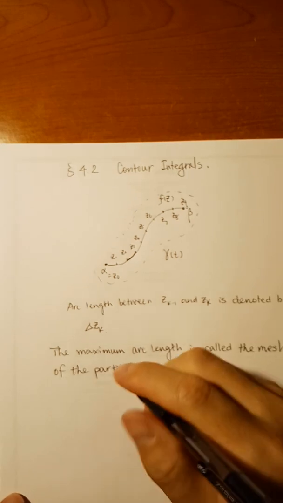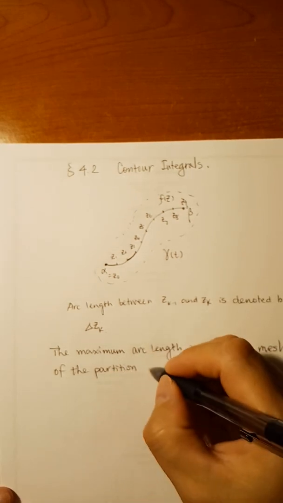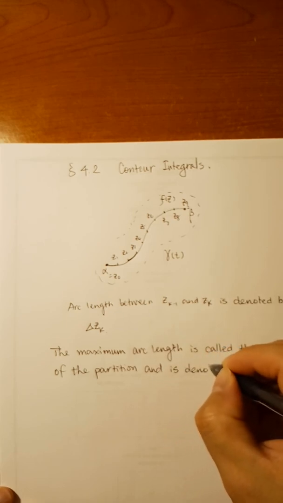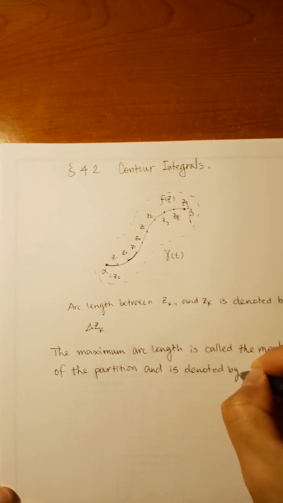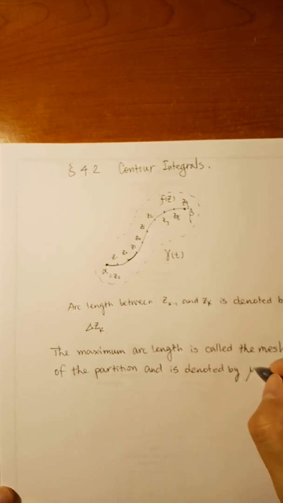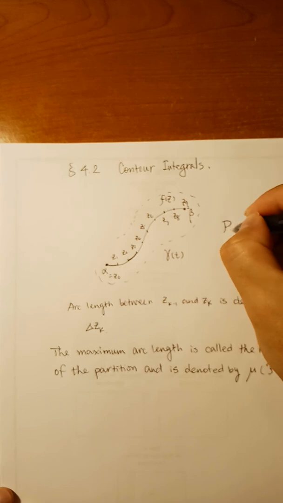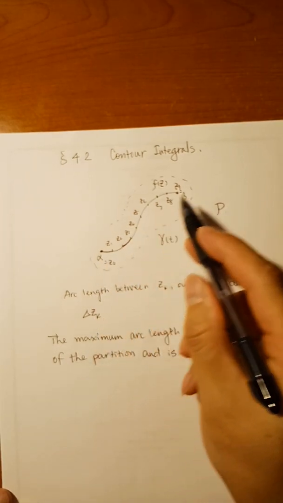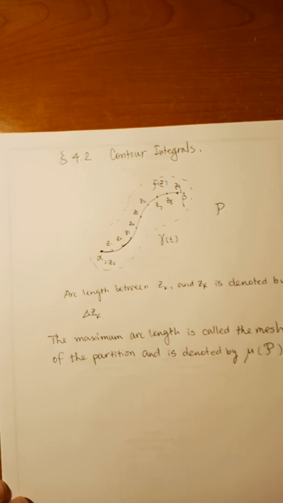It's the mesh of the partition, and is denoted by mu of partition P. Here, this is a partition P. Okay, and you have z1, z2, z3, all these steps.